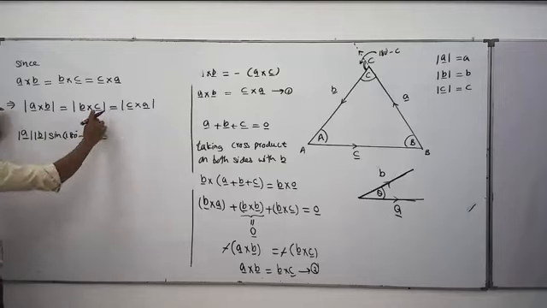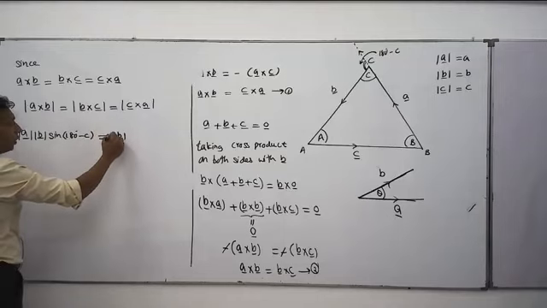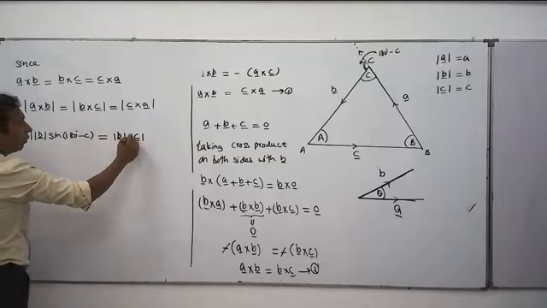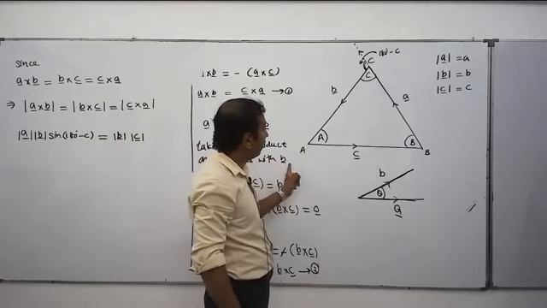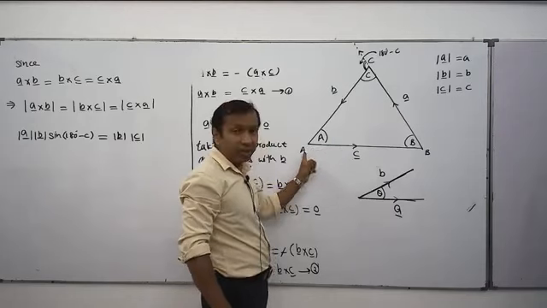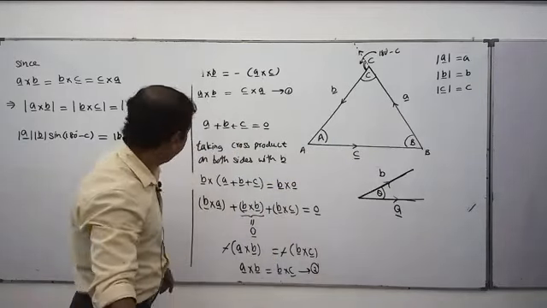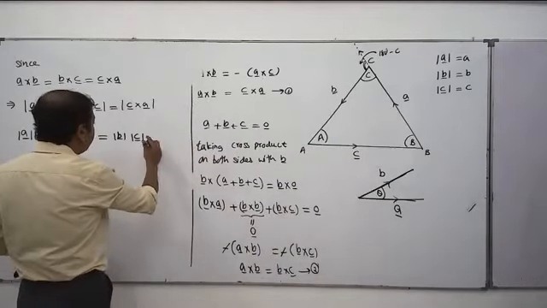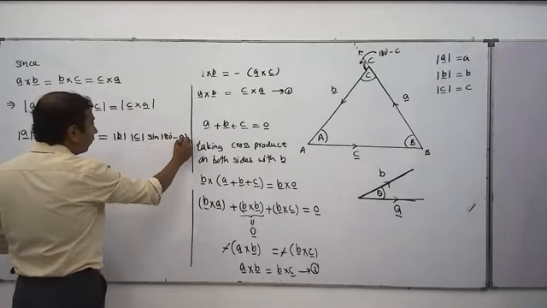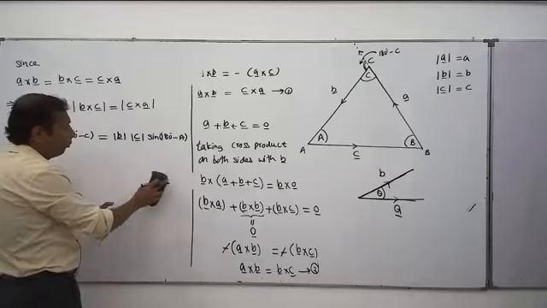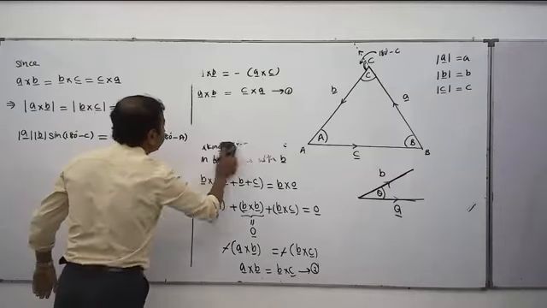Like that, we can write this also. B modulus, C modulus, between B and C, people, here. This is B, this is C. The angle is 180 minus A, sine 180 minus A. Next one.